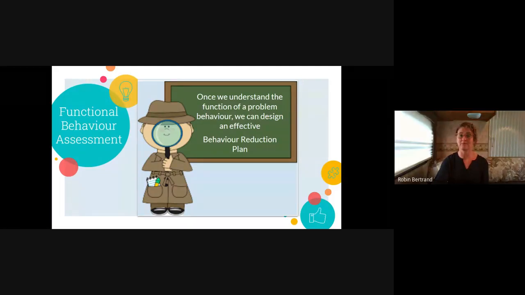Common functions of problem behavior that we talked about can be remembered using the acronym SEAT, S-E-A-T, which stands for sensory, escape, attention, and tangible. Once the function is revealed, we can match the behavior reduction strategy to the function, which will give us the best chance at reducing that problem behavior.